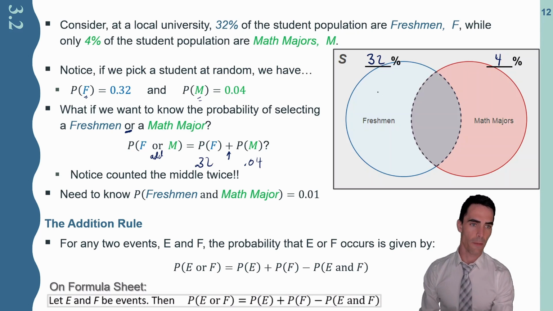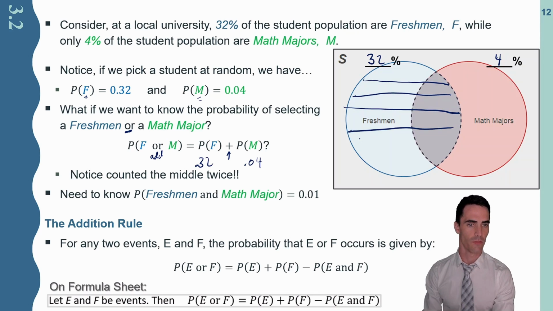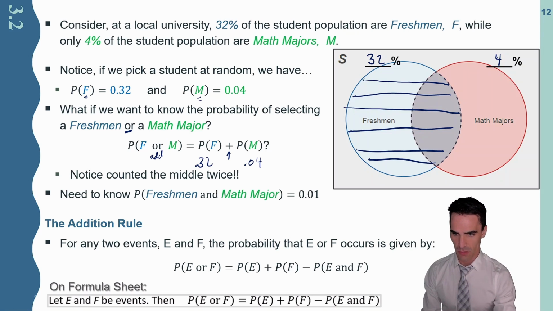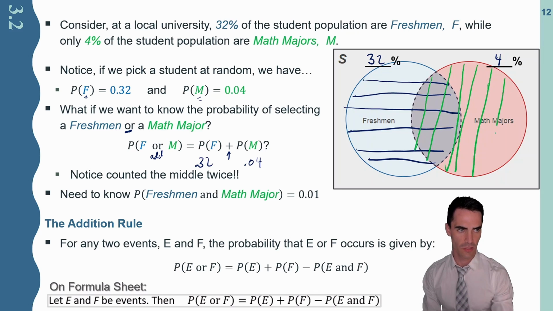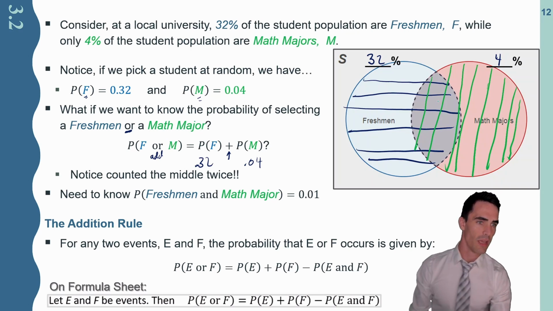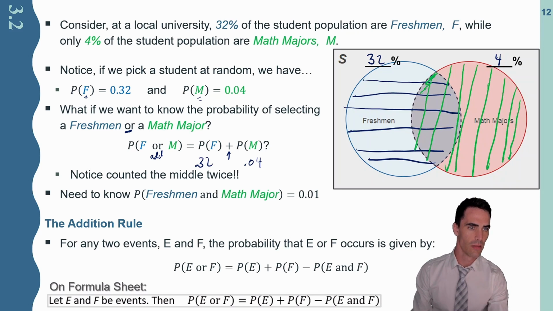And here's why. If I look at those freshmen, I can write horizontal lines on those individuals. This is me like counting them up, if you will. And then for the math majors, let me change colors. If I calculate those math majors, we'll do pretty close to vertical lines. And I can add them up here. One thing to notice that we should be concerned about, if I was adding these two circles up, is I counted this middle area twice.